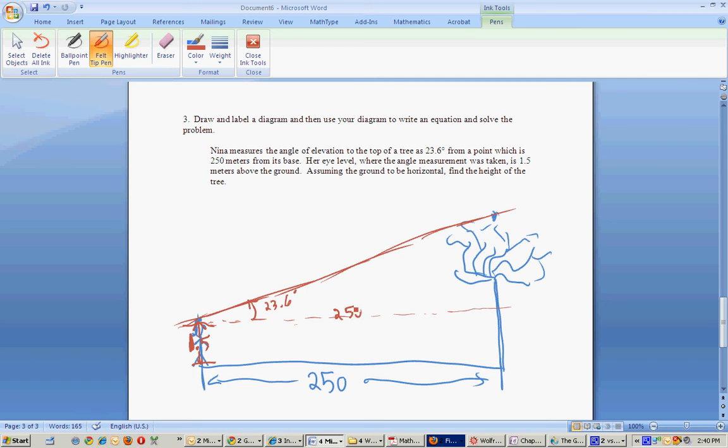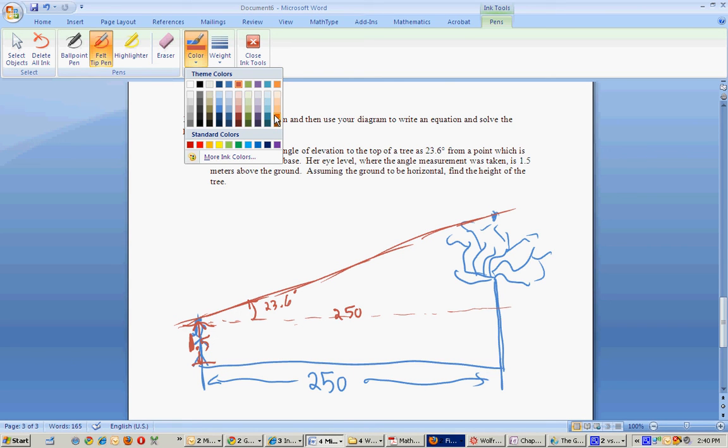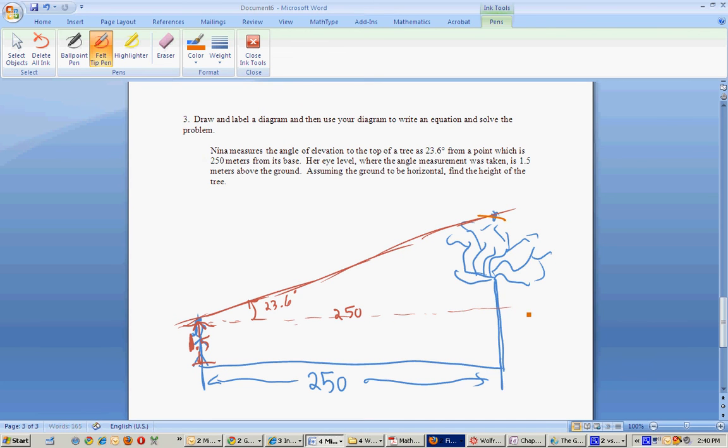Well, it seems to me that if we could find this height here in orange, we could add that to 1.5 meters and find the complete height of the tree.